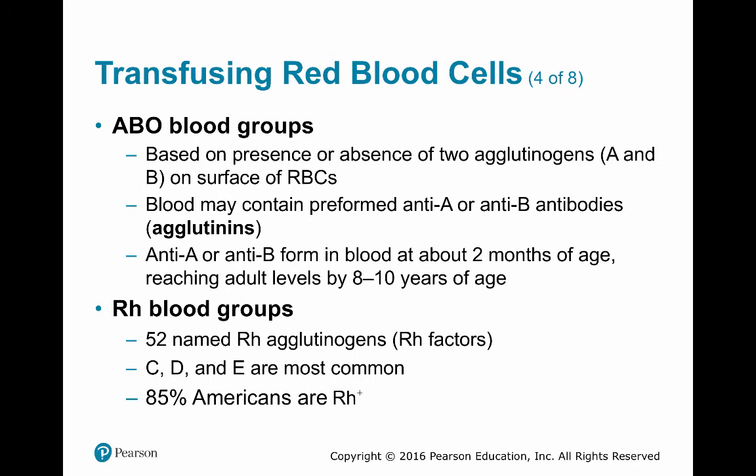Anti-A or anti-B form in the blood at about 2 months of age, reaching adult levels by 8 to 10 years of age, right? And in the RH group, there are 52 named RH agglutinogens, or RH factors. C, D, and E are the most common types, and I talked about D earlier. 85% of Americans are RH positive for having one of these.